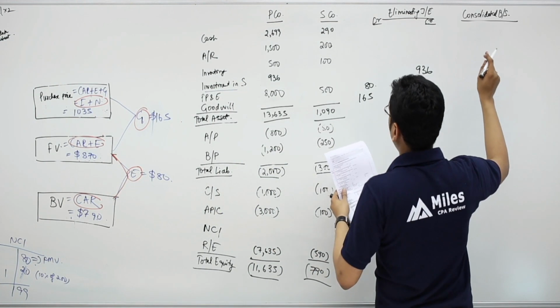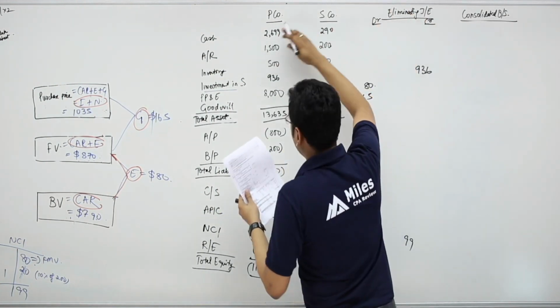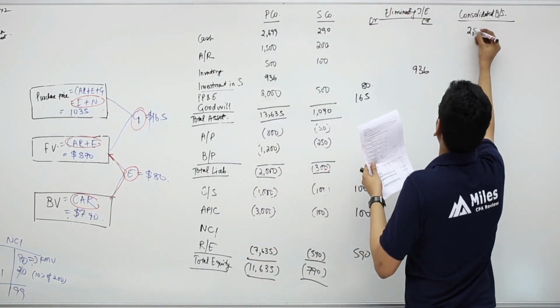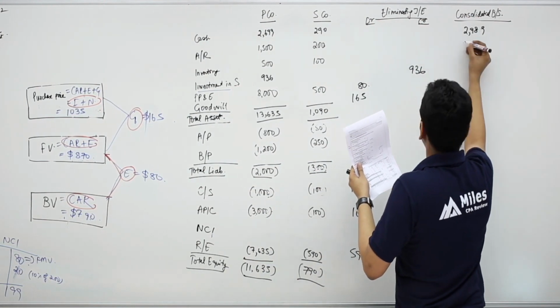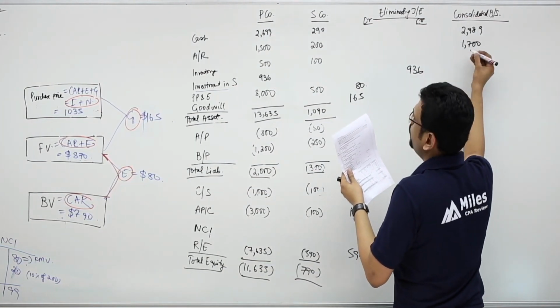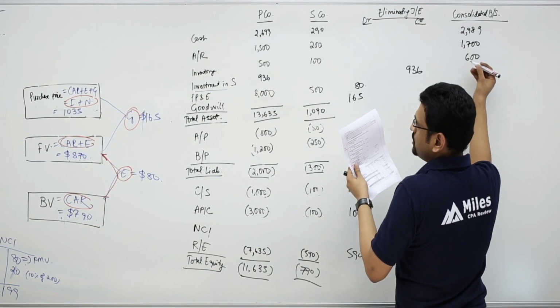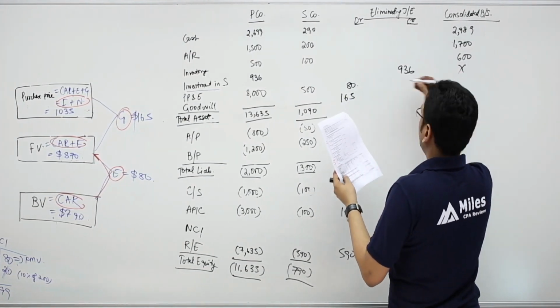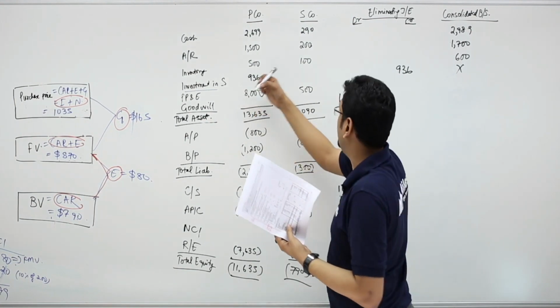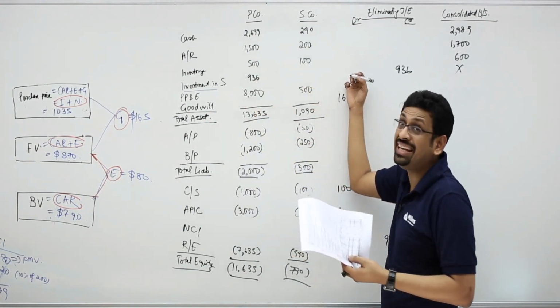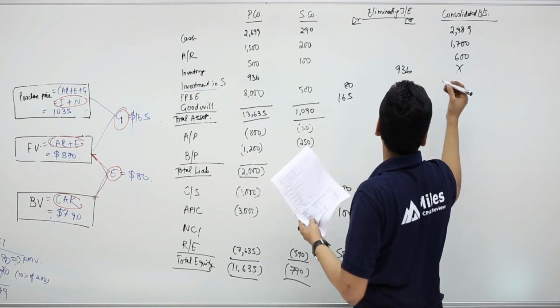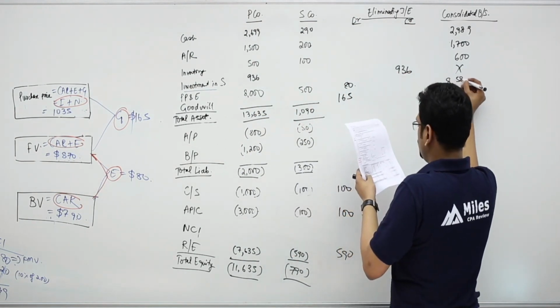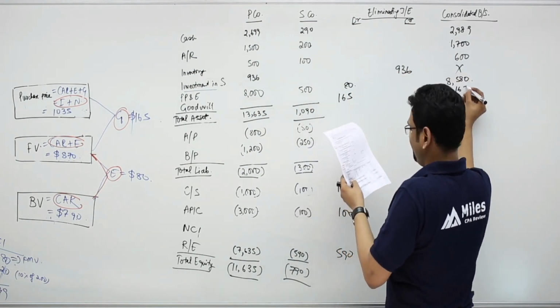Now looking at the consolidated balance sheet, it's my cash, your cash, our cash, 2,989. My receivables, your receivables, our receivables, 1,700. Our inventory of 600. Investment knocked off. Equipment you have 8,000, my book value, plus 500, your book value, plus 80, excess fair value over book value, 8,580. Goodwill 165.